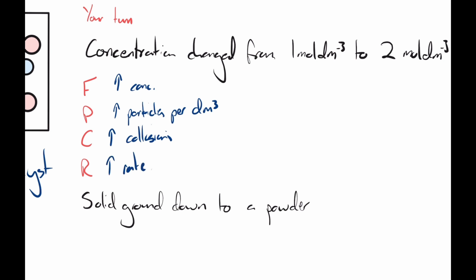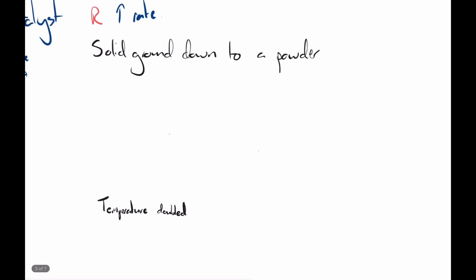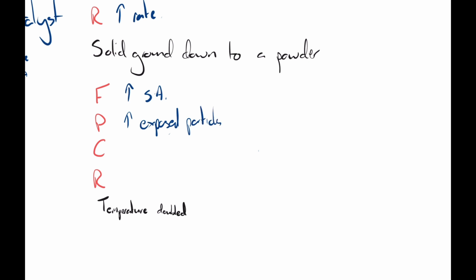Nice. Solid ground down to a powder. We've looked at that a little bit this video again. So you should know that we've got an increase in surface area, more exposed particles, more collisions, faster rates.